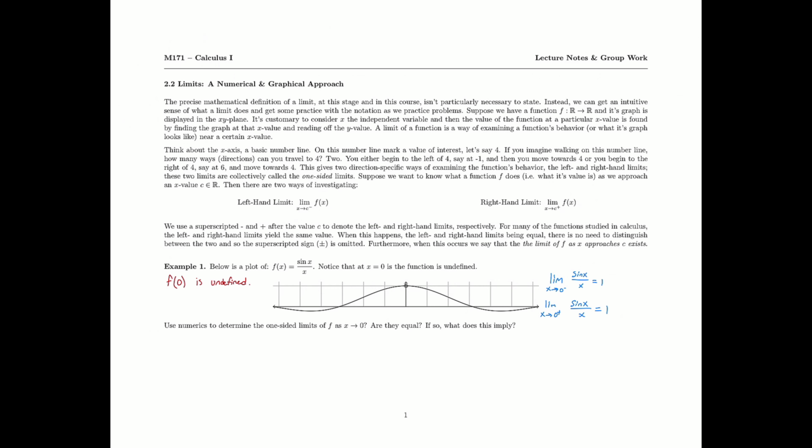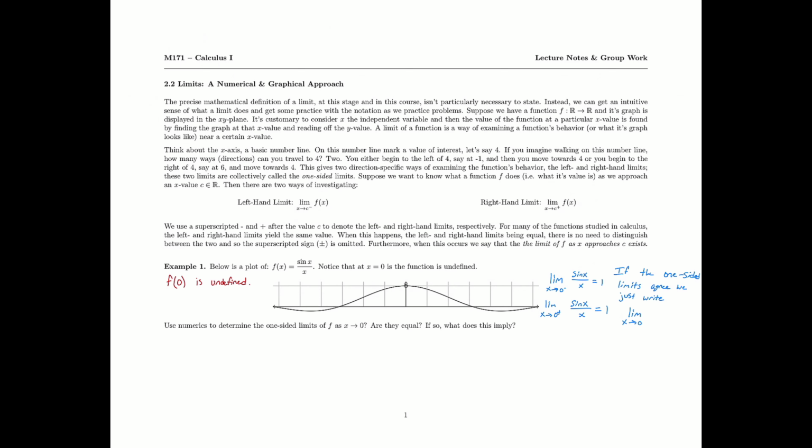So in that case, if the one-sided limits agree, we just write the limit as x goes to 0, and we don't put a plus or minus sign after the value to denote a left or right-hand limit.